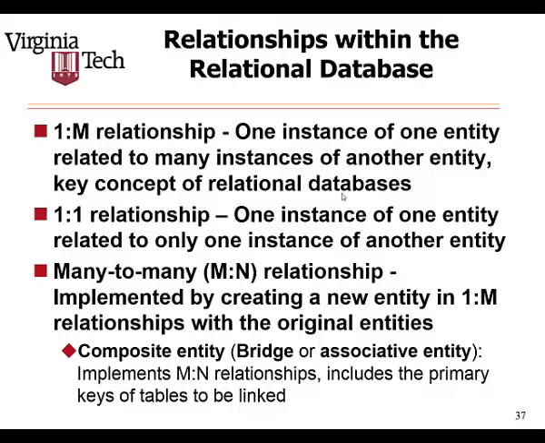We create this bridge or composite entity that implements these many-to-many relationships and includes the primary keys of the two tables as foreign keys. So this composite or bridge entity really has foreign keys to all of the things that it's related to, and then each instance has a value to show which instance of the bridge relates which two instances of the other two entities.